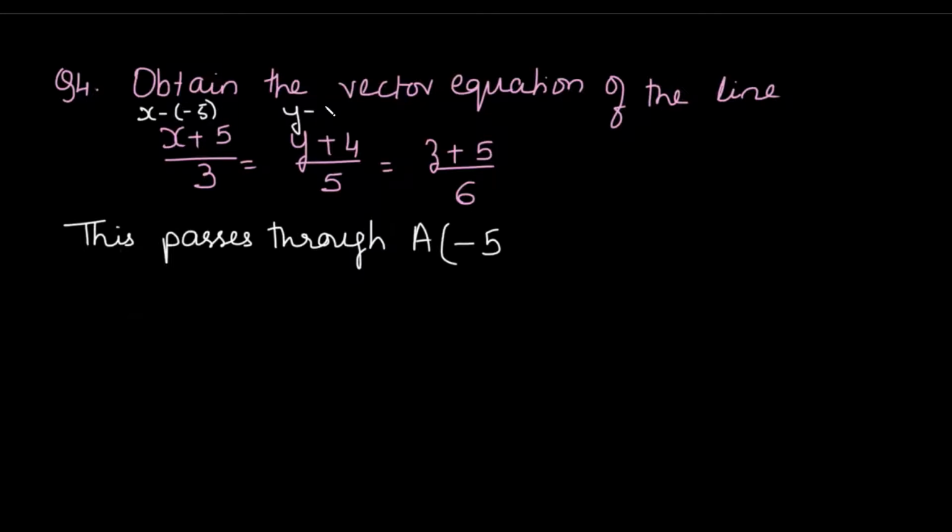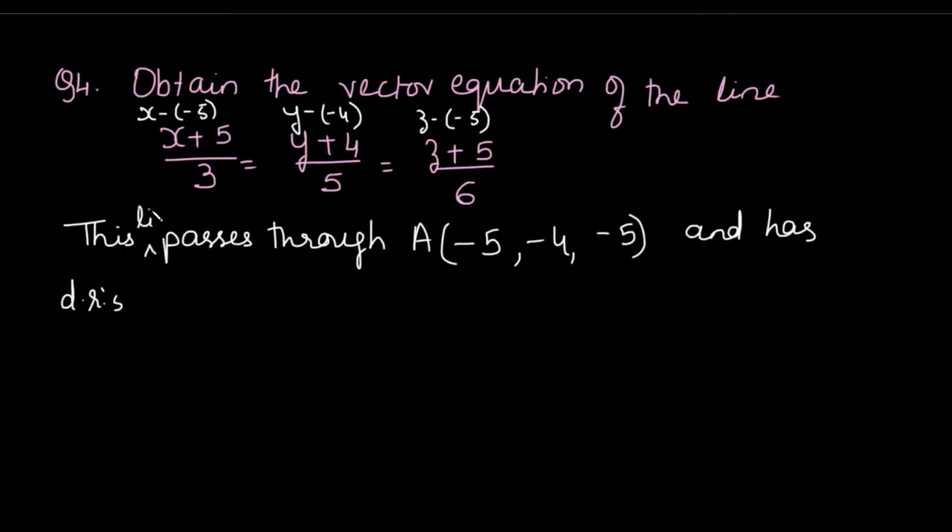Similarly, y minus minus 4 and z minus minus 5. This way we compare it. And so it passes through minus 5, minus 4, minus 5. And has direction ratios 3, 5 and 6.